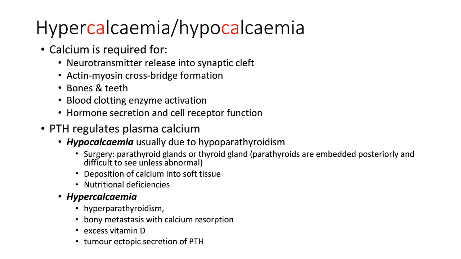Or it could well be thyroid surgery, because the parathyroid glands are embedded in the back of the thyroid gland, they're actually quite difficult to see at surgery by eye. And that means they can be inadvertently removed when the thyroid gland is removed, and so there's no gland to make PTH.